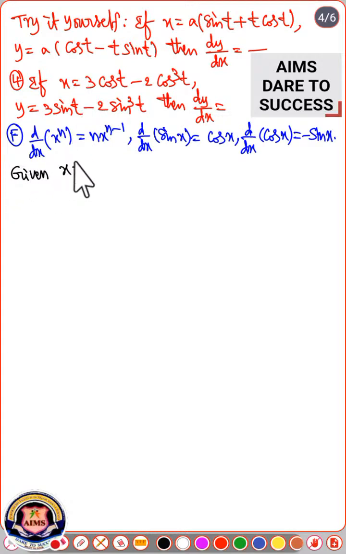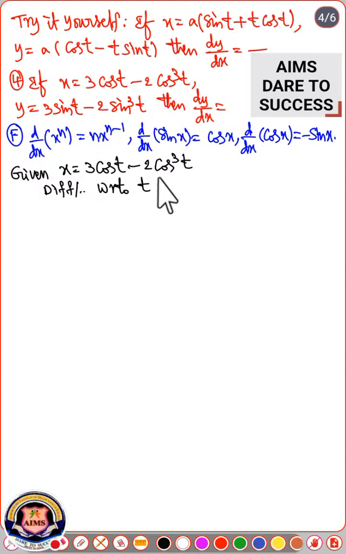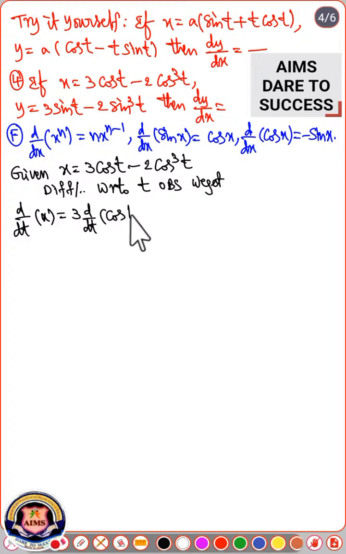First given value, x is equal to 3 cos t minus 2 cos cube t. The right side values are related to t, so differentiating with respect to t on both sides, we get d by dt of x is equal to 3, which is a constant and the coefficient of cos t, so write 3 outside into d by dt of cos t.